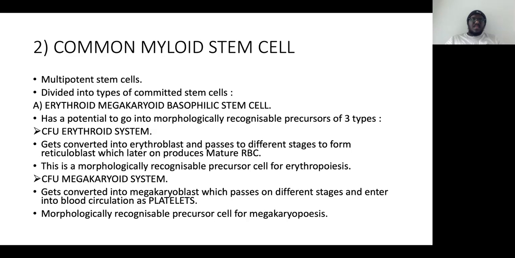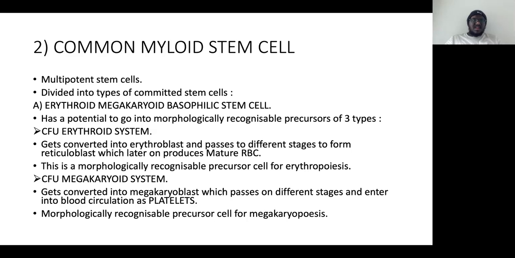CFU erythroid system gets converted into erythroblast and passes through different stages to form reticuloblast, which later produces mature RBCs, red blood cells. This is a morphologically recognizable precursor cell for erythropoiesis.